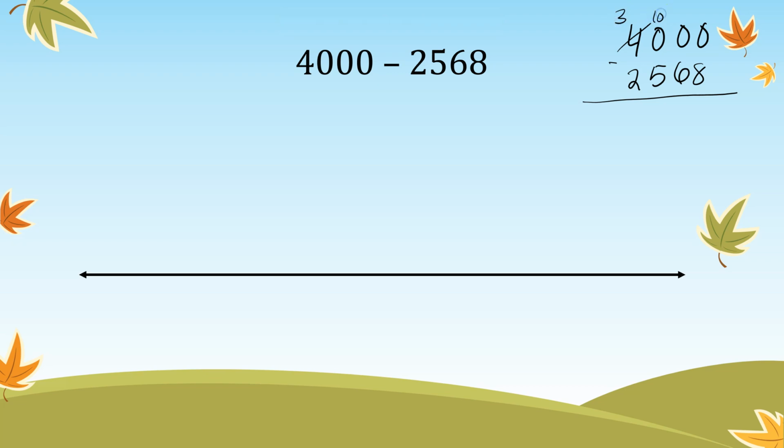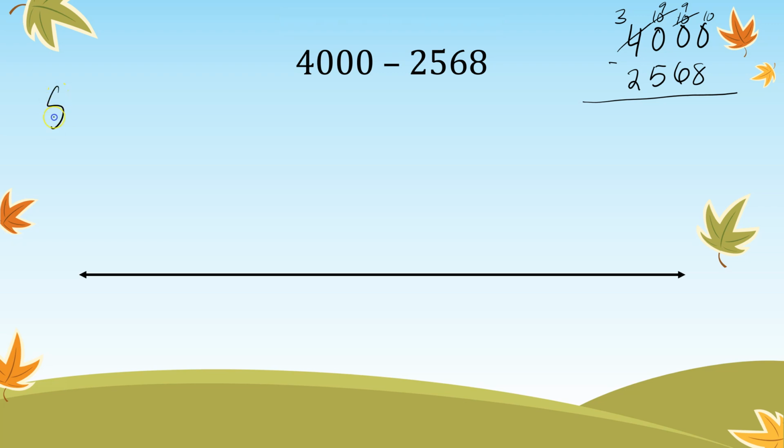That makes this a full group of 10. But wait a minute, I don't have enough here, so I'm going to have to regroup this one. That goes down to be a full group of 10, but I'm not there yet, so I'm going to regroup one more over and make that a full group of 10, right? So that is a lot of thinking.